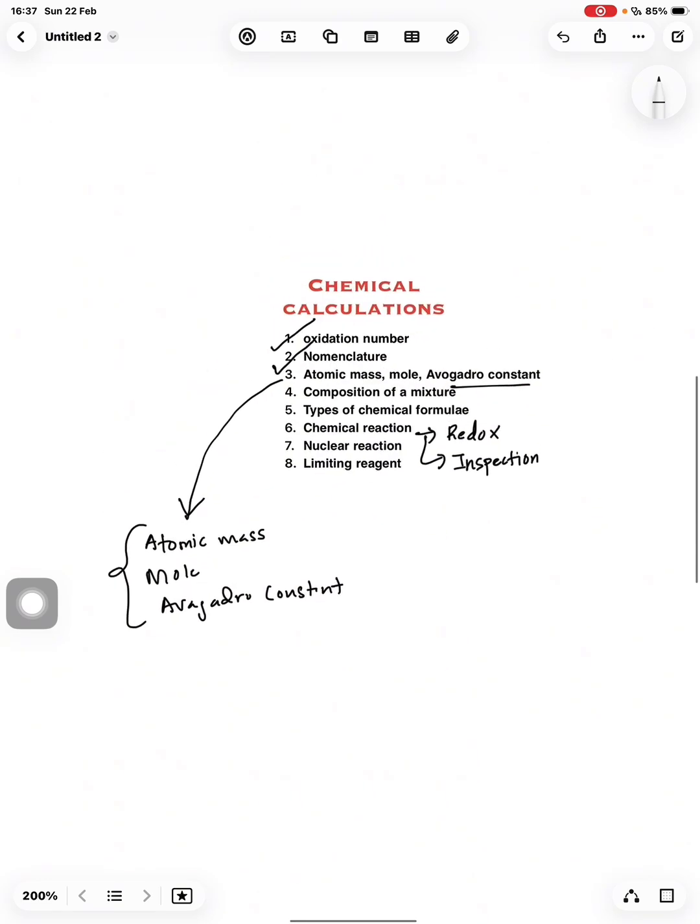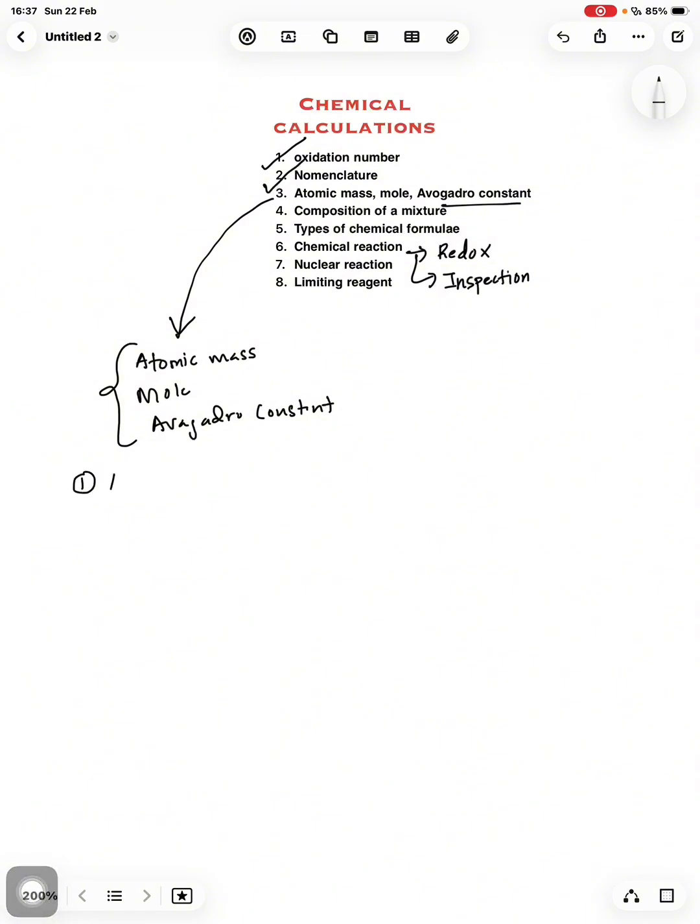We're going to learn about atomic mass unit. Atomic mass unit, the symbol is U. Atomic mass unit in the sense, one U is equal to 1/12 of the mass of a carbon-12 atom.